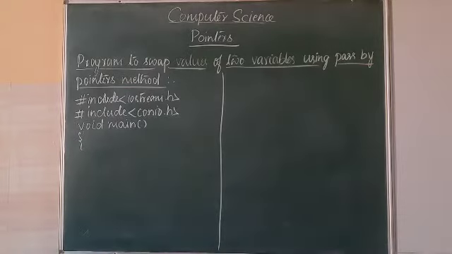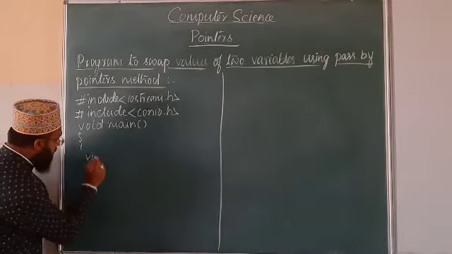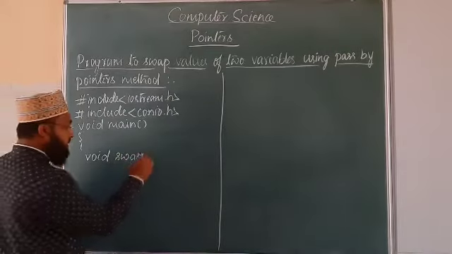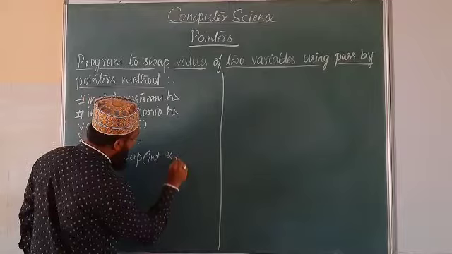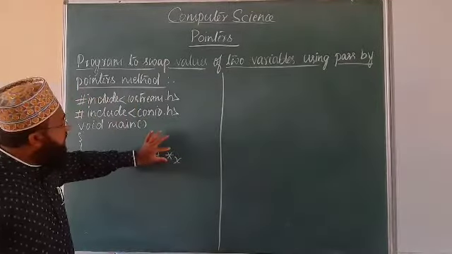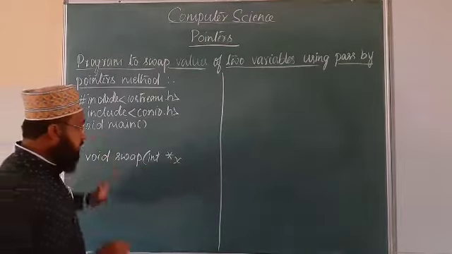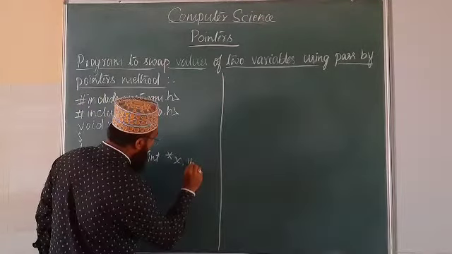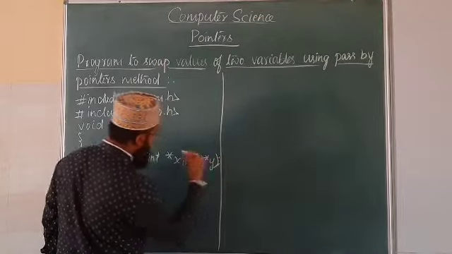Then, starting the main function here, void swap. Now two variables, that is int, here we are using pointers, so the pointers can be identified by the asterisk. Then int pointer y, semicolon.